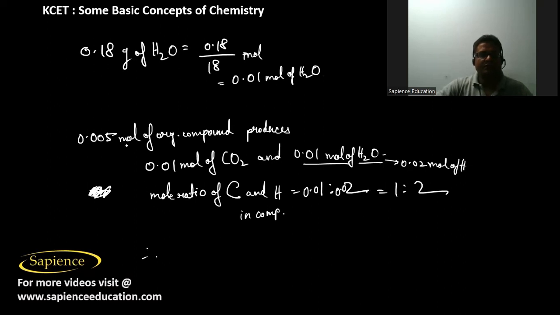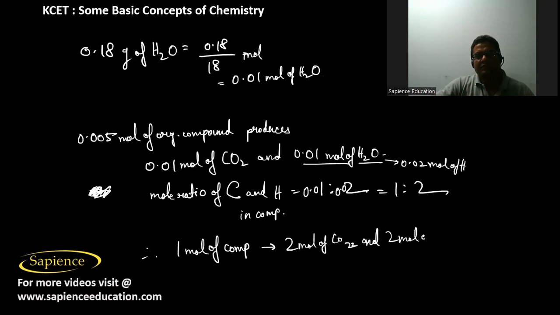Therefore, here 0.05 mole will give 0.1 mole of CO2. So it means that 1 mole of the organic compound will give 2 moles of CO2, and also it will give 2 moles of H2O, which means that 1 mole of the compound has 2 moles of carbon atoms and 4 moles of hydrogen atoms.